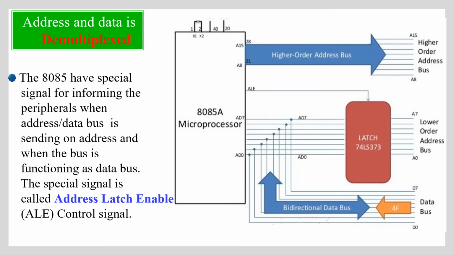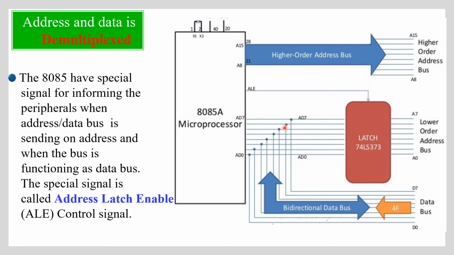Now the microprocessor 8085 has an 8-bit data bus and a 16-bit address bus. The least significant 8 bits of the address bus are passed on the same lines as the data bus, that is, on the single set of lines AD0 to AD7. These lines are bidirectional.